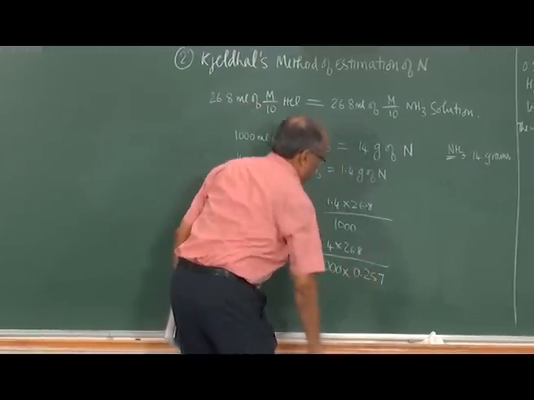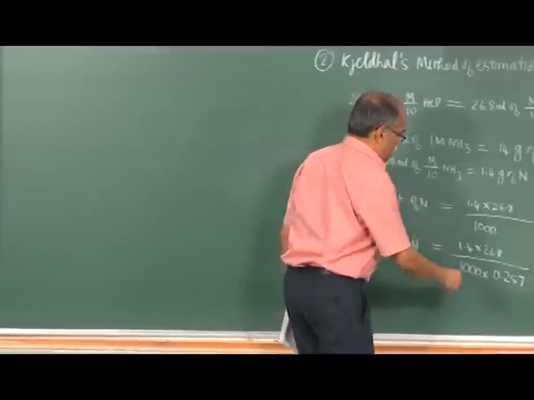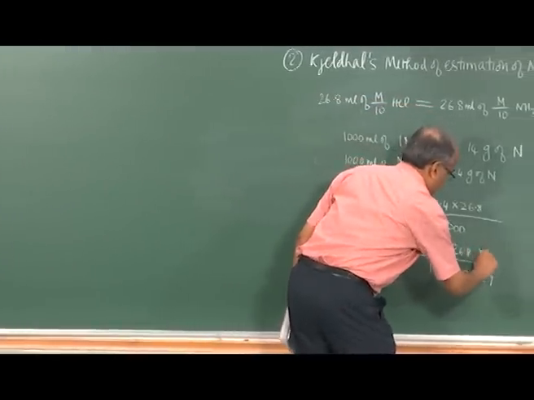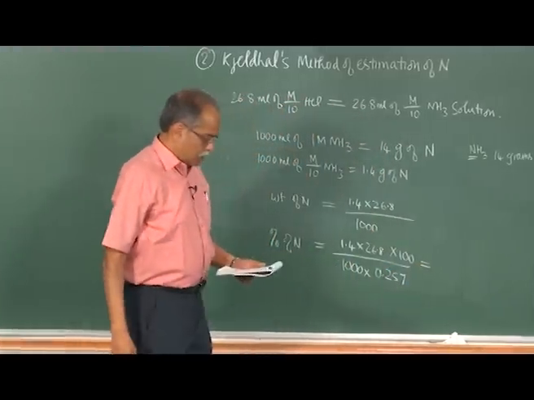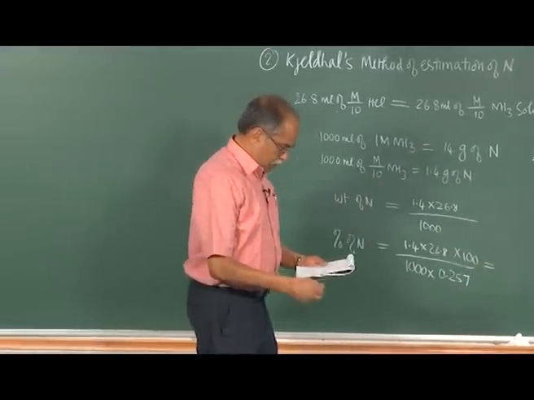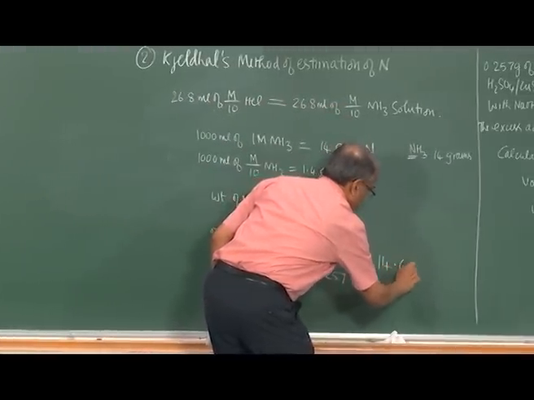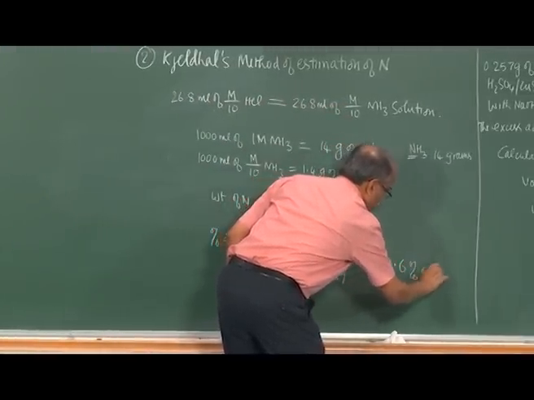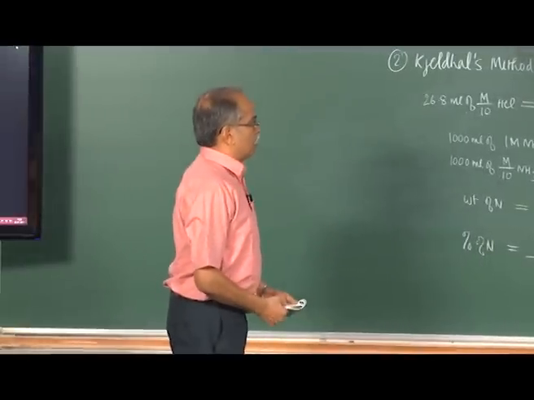So, 0.257 grams of organic compound will contain this much of nitrogen. So, 100 grams will contain how much nitrogen? If you solve these numbers, it will correspond to 14.6% of nitrogen present in the organic compound. So, let me go through this once again.